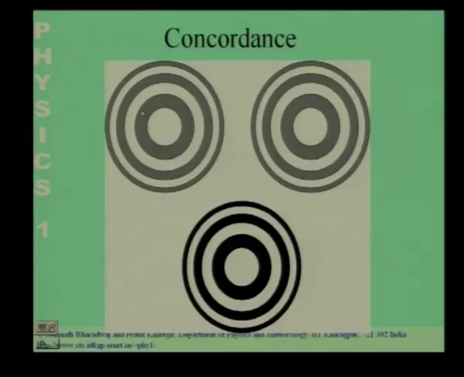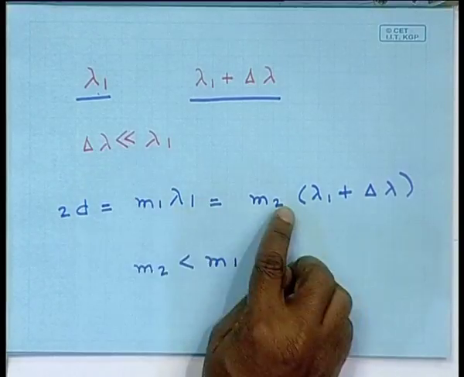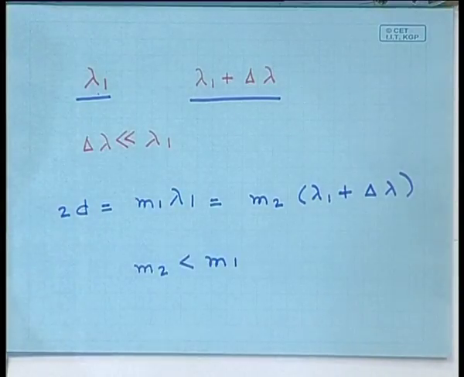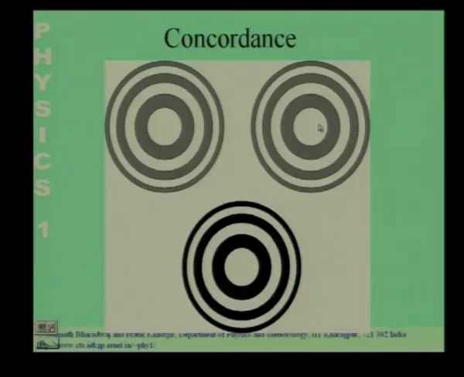This is exactly the opposite situation where we have a bright spot in the center for both of them. But bright spot and dark spot can be handled in exactly the same way. You have to just add a factor of half over here and here. Okay. So, this shows you concordance. So, this is the fringe pattern corresponding to lambda 1.